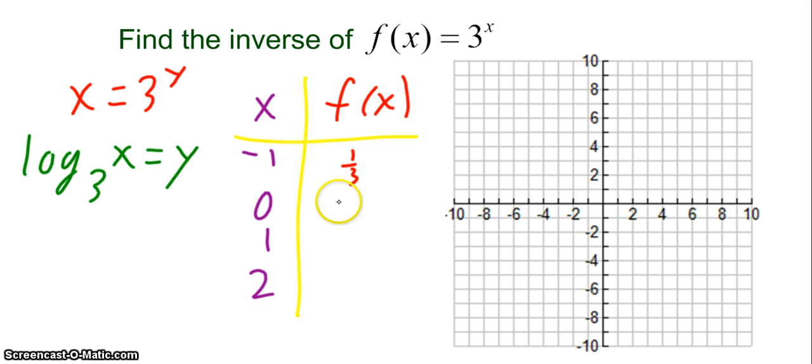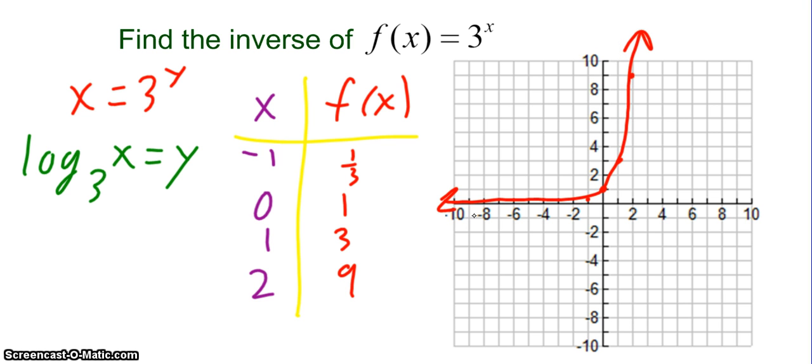So at 0, it's going to be 1, at 1, this will be 3, at 2, this will be 9. So if I take those values, let's plot those. So -1, we've got like 1/3, there, 1 is 3, 2 is 9. I can draw that lovely graph.